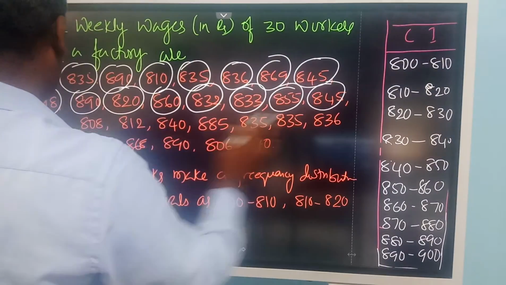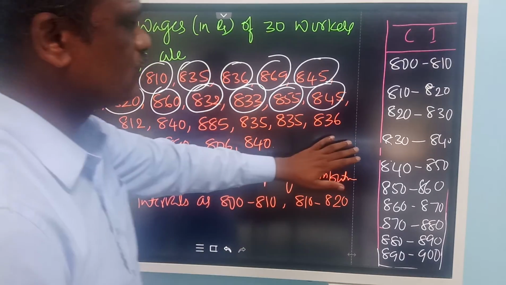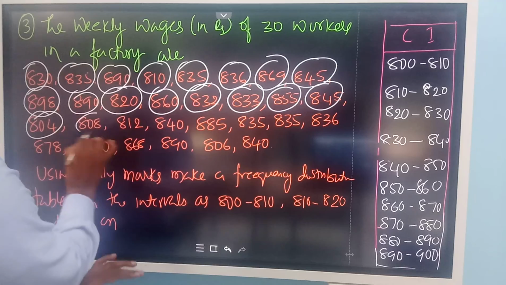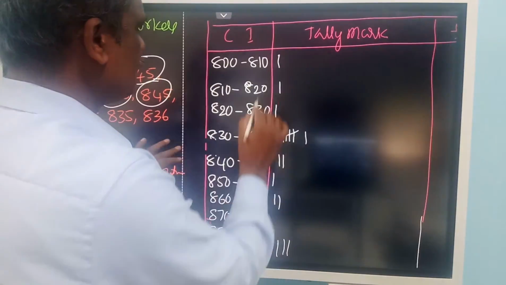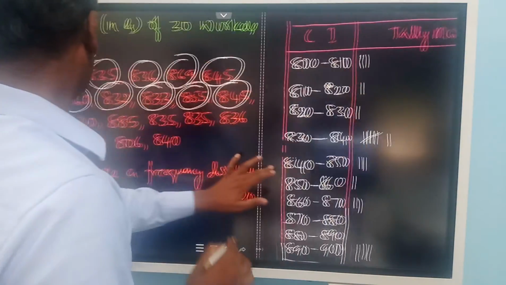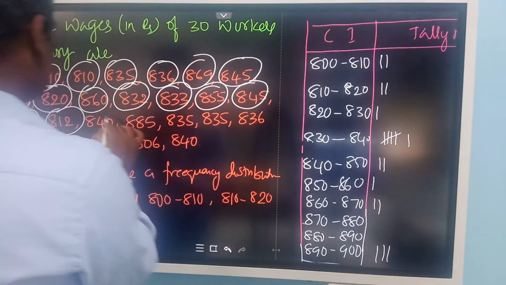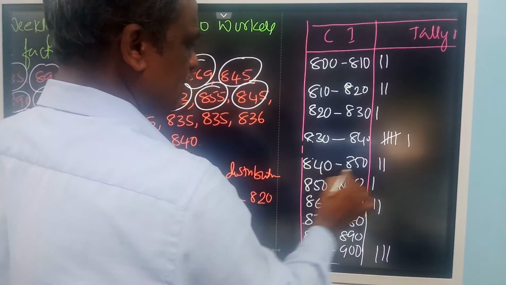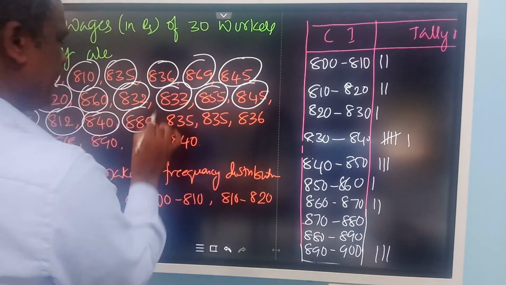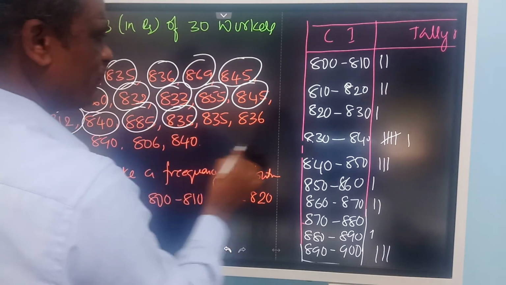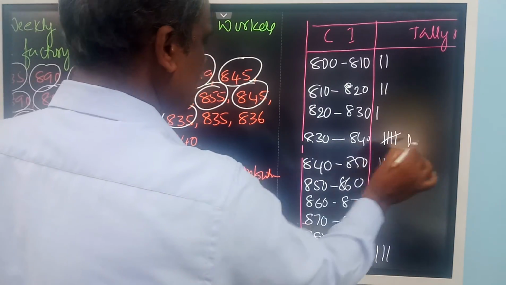Then 804 will come here, first group. Then 808, same group. Then 812, second group. 840, this group. 885, this one. Then 835, this group.